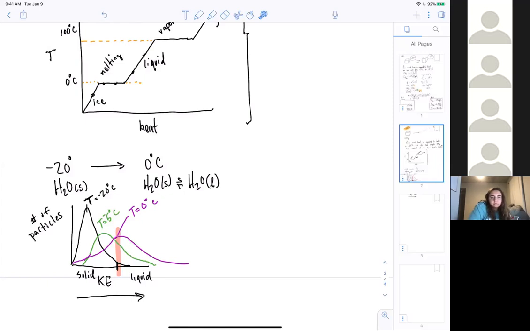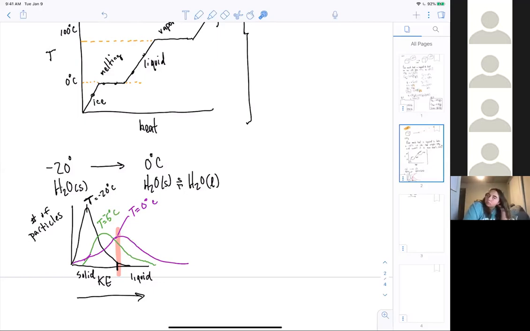So whereas before, and this is confusing, so try to wrap your head around it. Before, as I add heat to the system, I'm increasing the average kinetic energy of the entire system. And that's what I'm measuring macroscopically as a temperature. Whereas now, as I add heat to the system, I can't have the average kinetic energy in the liquid zone, because what would that imply? That would mean that everything was liquid at that point.